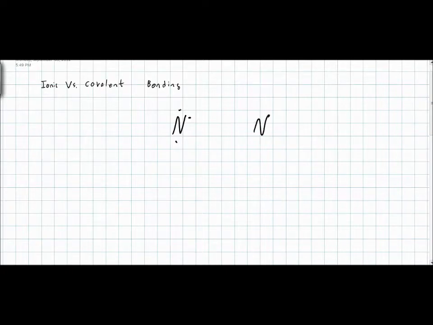And so we have another nitrogen over here that has 3 electrons that it is willing to share. So it takes 2 electrons to make a bond. So what happens is we're just going to draw a line across here, draw a line from this electron to this electron, and draw a line from this electron to this electron.